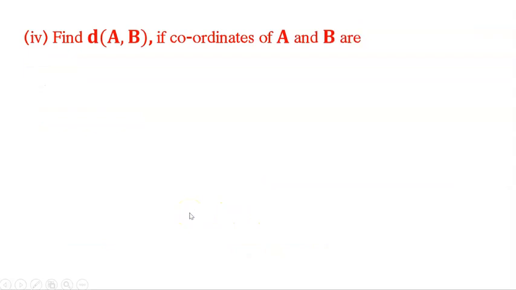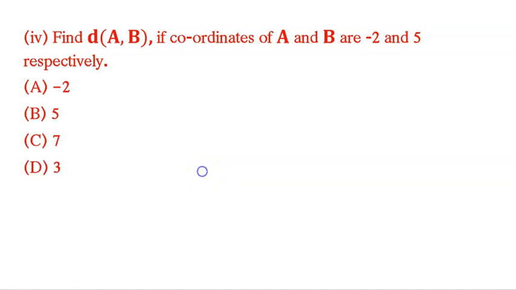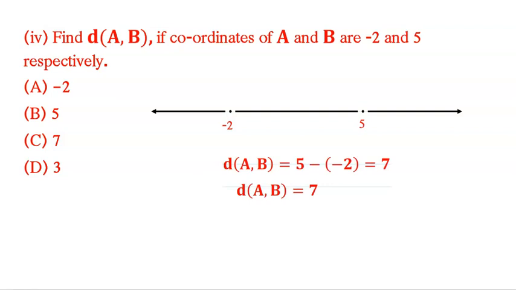Next, find distance AB if coordinates of A and B are -2 and 5 respectively. First option, A is -2, B is 5, C is 7, D is 3. Now see this here. The line first, coordinate A denotes -2, B denotes 5.